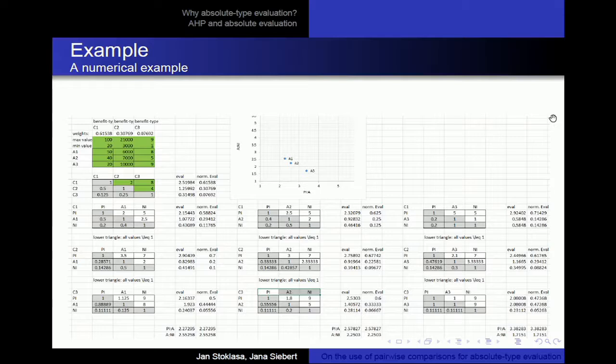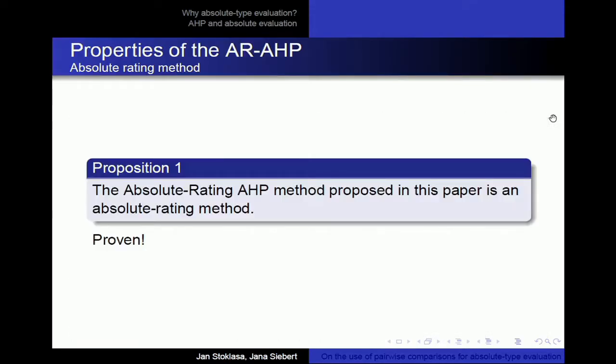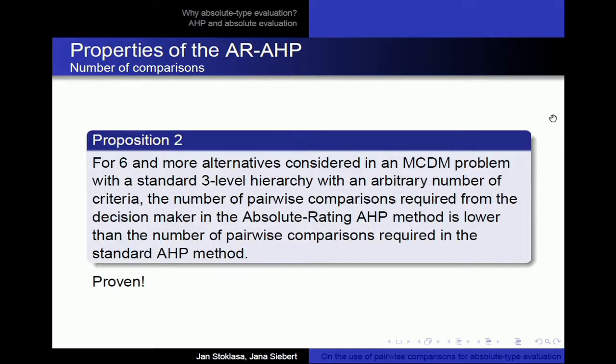We actually do not need to do many calculations, and this is the last thing that I would like to show you. First of all, we have an absolute type evaluation according to our definition, and this can be proven very easily. And second of all, we have built a method that is an absolute type evaluation method using a relative type tool.